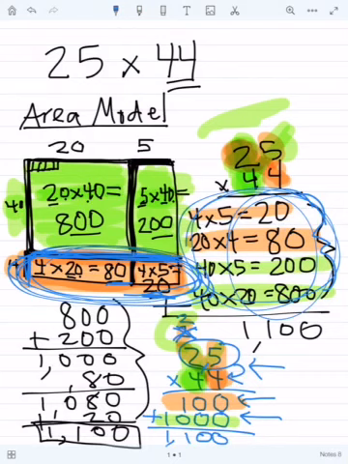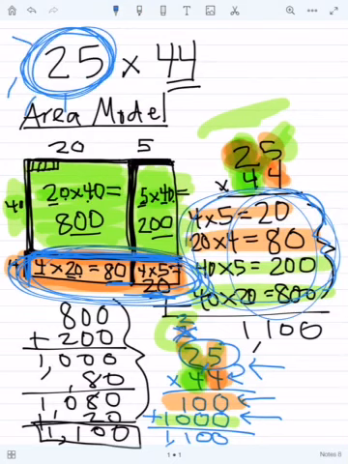I'm going to show you one more way. I set this up strategically because this 25 is a super special number. 25 is special because it represents what in your mind? What in money? Money, money, money. 25.